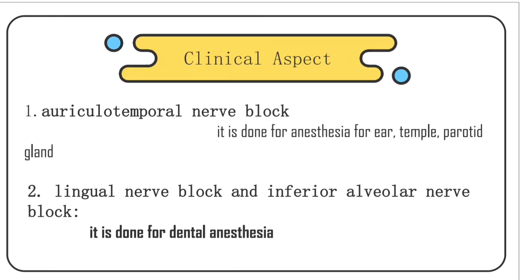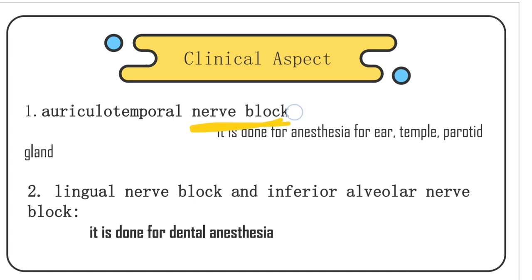Coming to the clinical aspect, first is the nerve block. This is where we give some medicine or anesthesia, and the nerve signals get blocked and do not reach the brain.